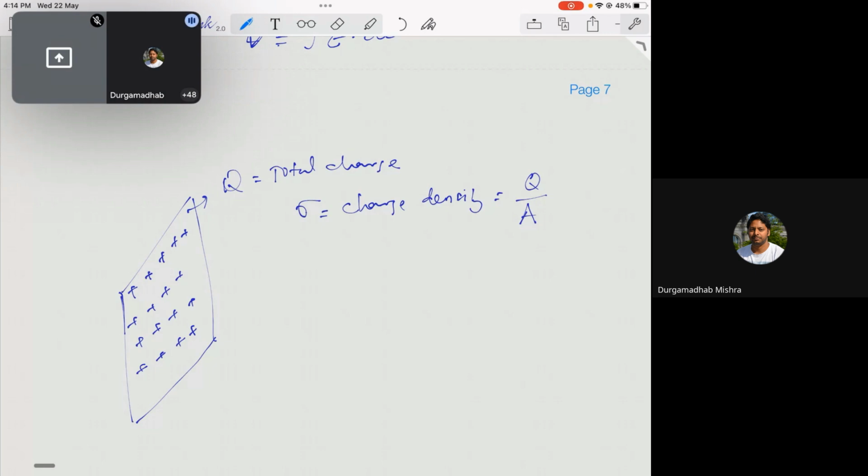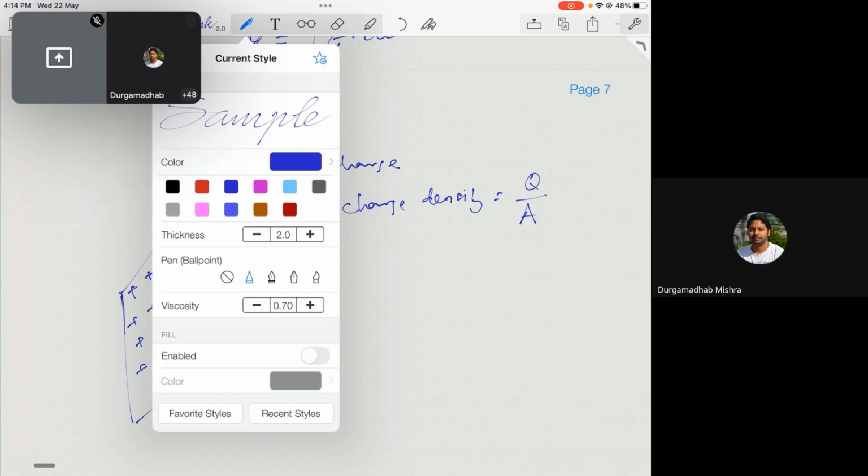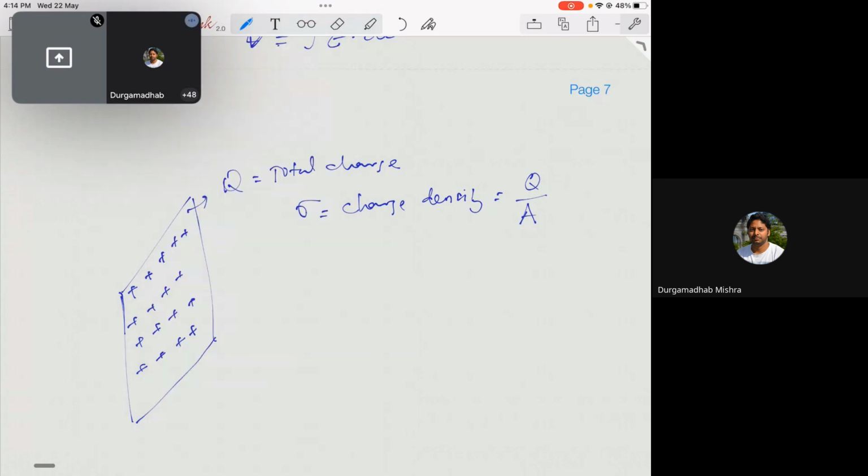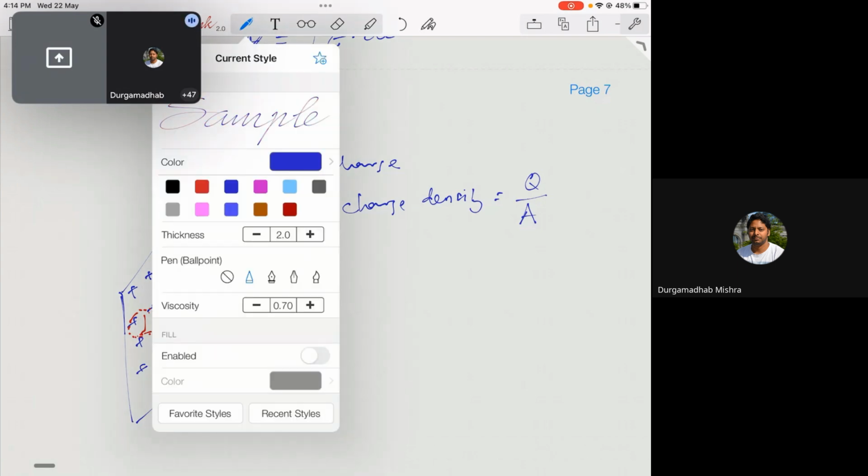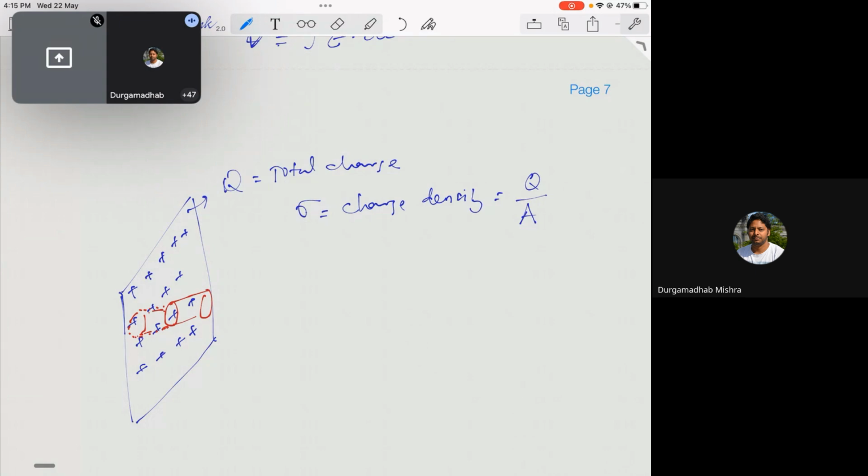So if you want to use Gauss's law, you now have to create a Gaussian surface, of course. And what is the Gaussian surface here? It is a cylindrical surface which is extended on both sides of the sheet.